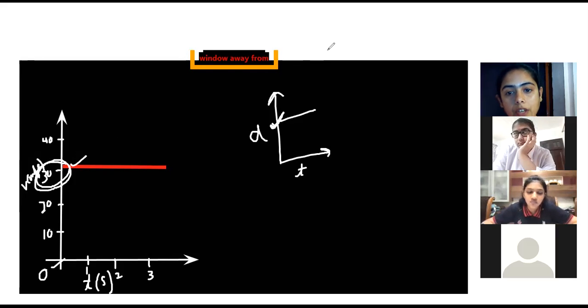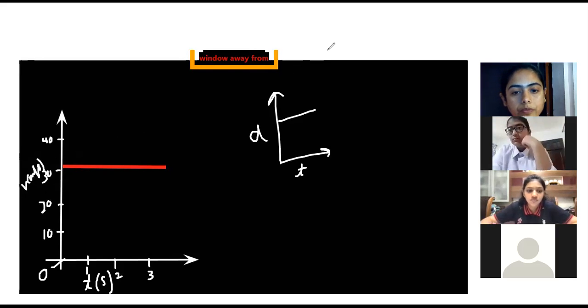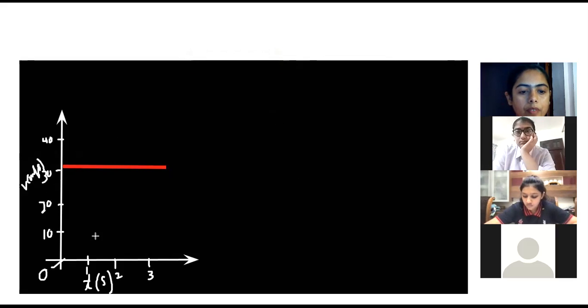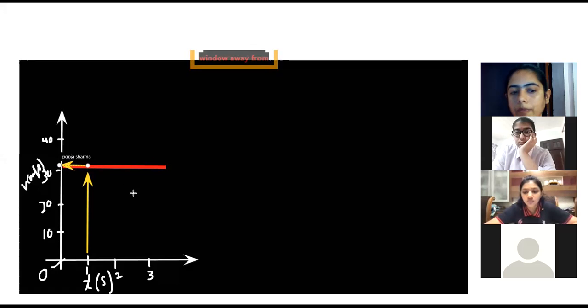Now how is it uniform motion? You are going to find out the values with respect to this. Let's see. When the time is 1 second, what is the velocity? 30 meter per second. When the time is 2 seconds, what is the velocity?